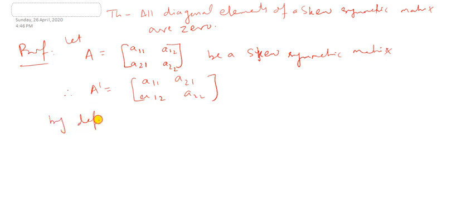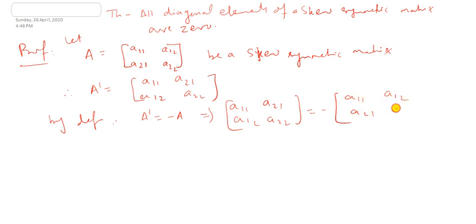Now by definition A dash must be equal to negative of A. That means A11, A21, A12, A22, this is A dash, must be equal to minus A, that is minus A11, minus A12, minus A21 and minus A22.